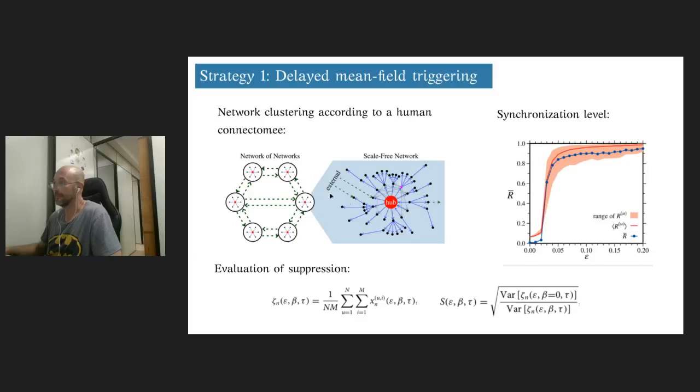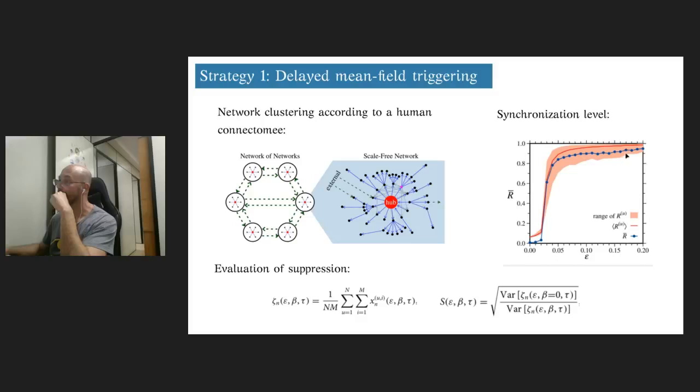In this first work, with moderate levels of epsilon, and considering just chemical connections, we have high levels of synchronization in all subnetworks and global synchronization. The variation of the synchronization of each subnetwork in the simulation is in the salmon range, and for the global synchronization, R is the Kuramoto order parameter.